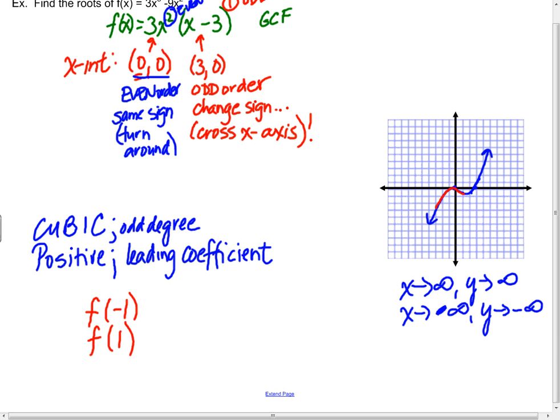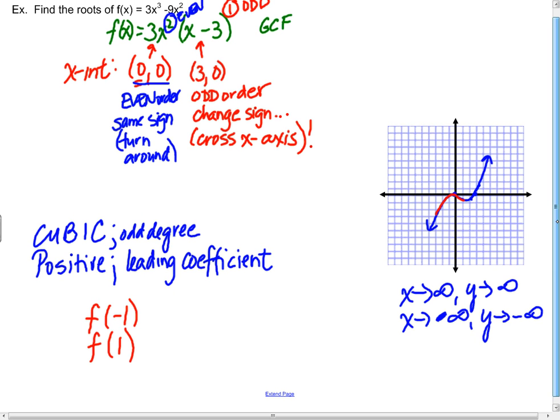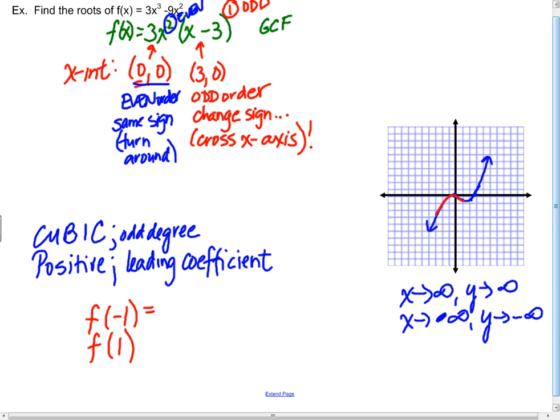Just to prove that that's true, let's substitute those values into the function. I have 3 times minus 1 cubed minus 9 times minus 1 squared. Do exponents first. You'll get 3 times minus 1, which is negative 3. Take away 9 times minus 1 squared, which is positive 1. Take away 9, we get negative 12.